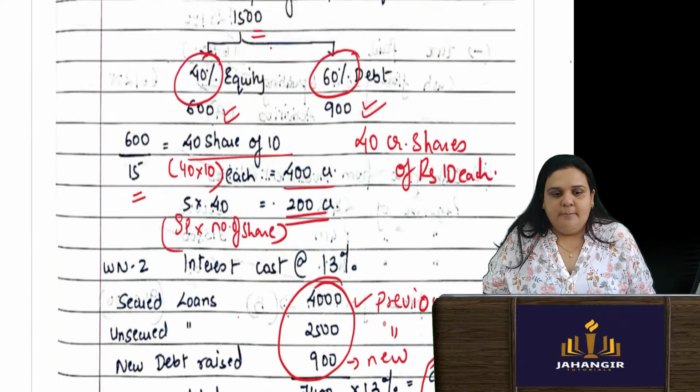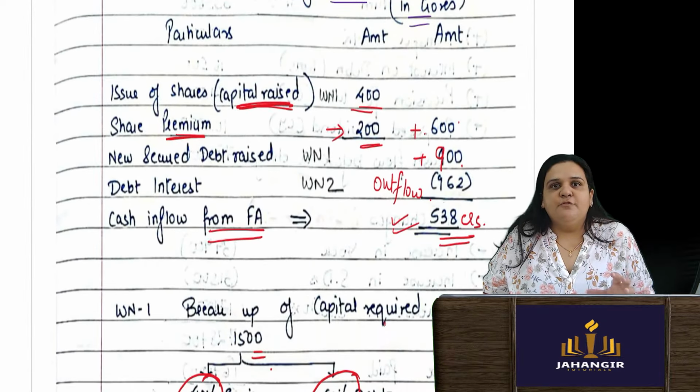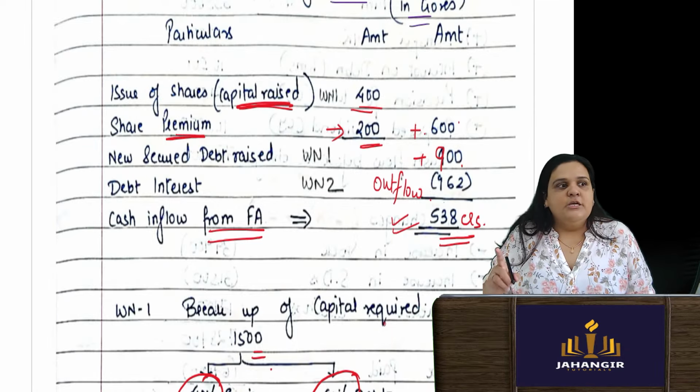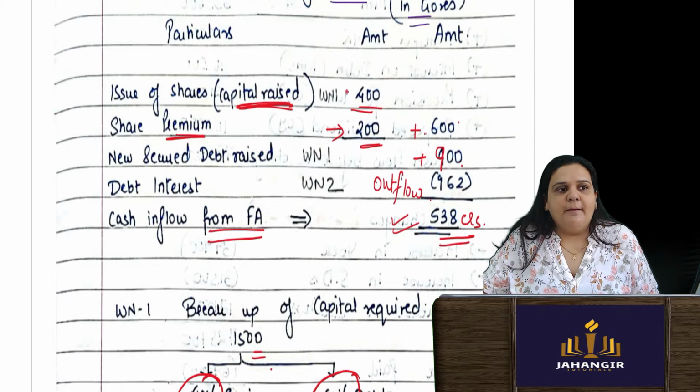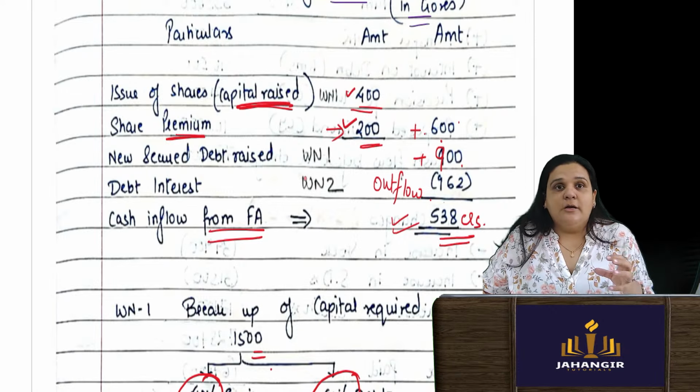Interest paid. So now I can find out what is my cash flow from finance related activities. First one is issue of shares. The share capital which I have raised, I got it in the form of capital 400 crores and in the form of share premium 200. So total became 600. There is new secured debt raised.